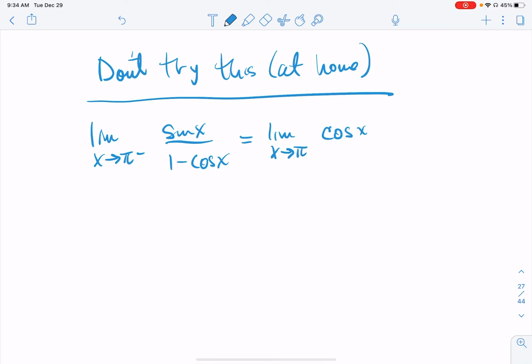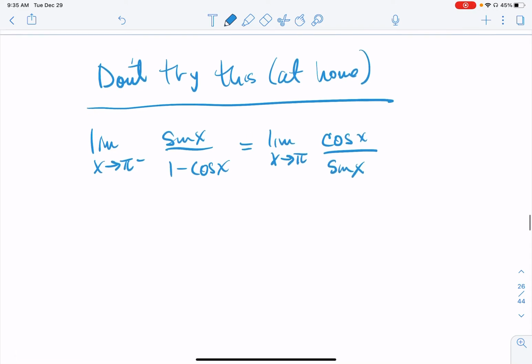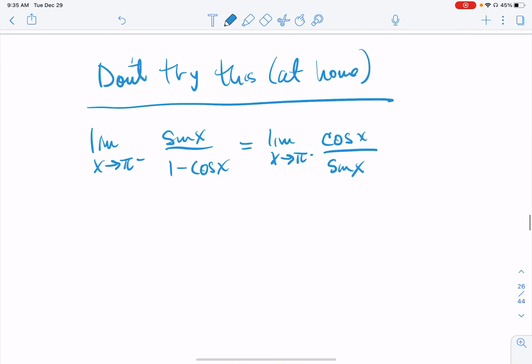Cosine is the derivative of sine, and on the bottom the derivative of 1 is gone, and the derivative of negative cosine is negative negative sine, which is positive sine. And then once again, just doing a direct substitution, cosine of pi is -1, and the sine of pi is 0.